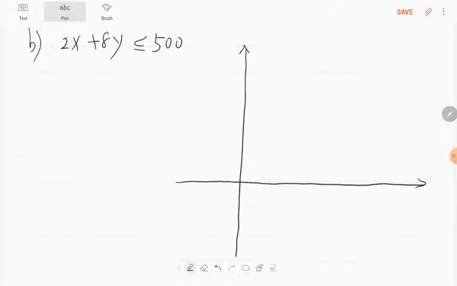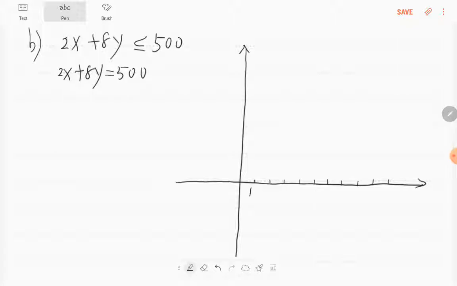Okay, so now let's look at this one, since it's the equals 500. Let each unit be 10: 10, 20, 30, 40, 50, 60, 70, 80, 90, 100.